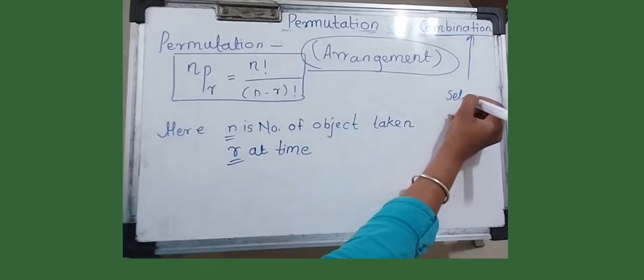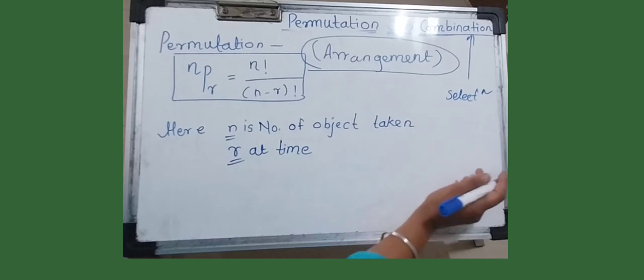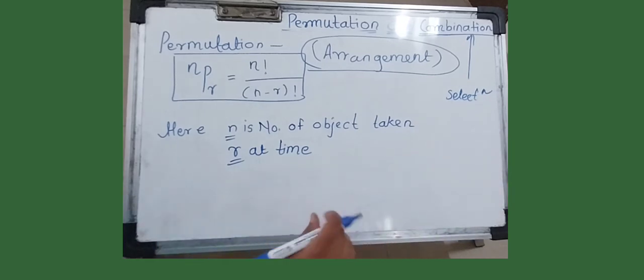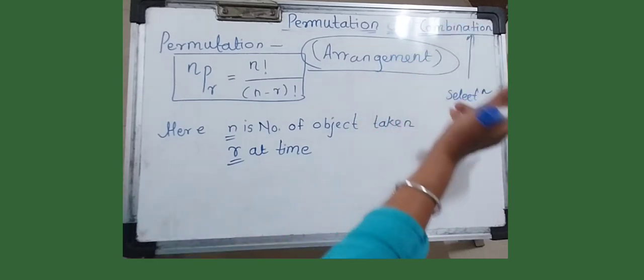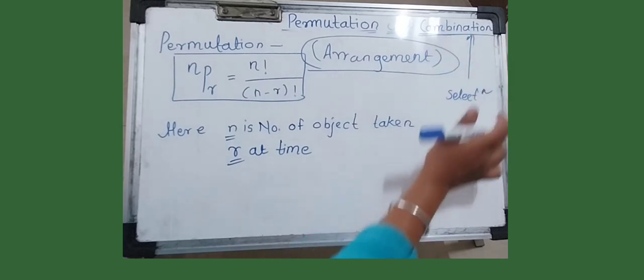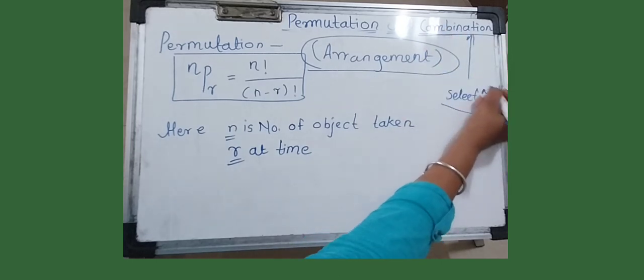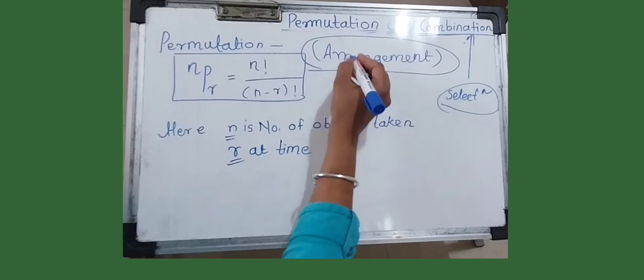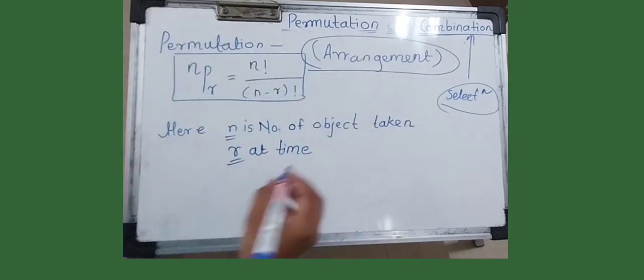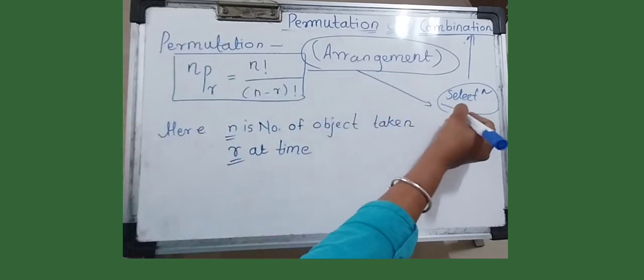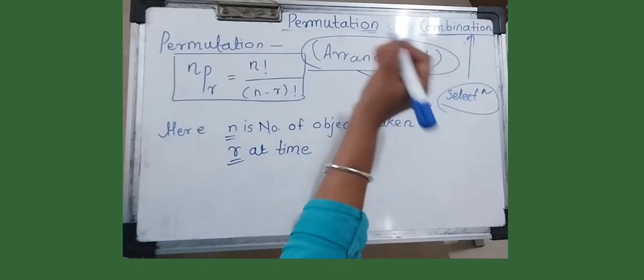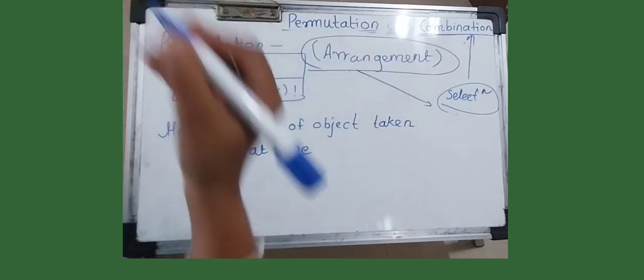Okay, whenever I start, I'll tell you what is the combination. But remember, for the selection we use combination, and for arrangement we use the permutation. Okay, these are the keywords.